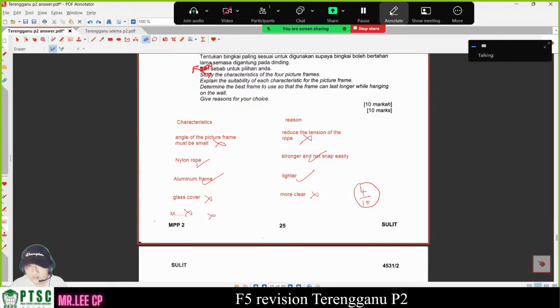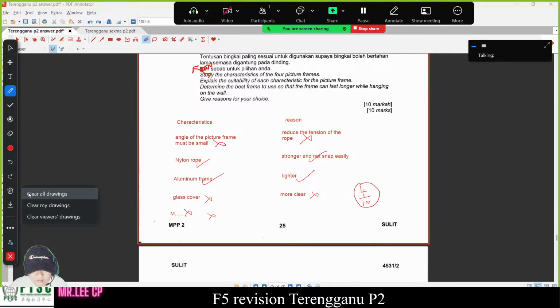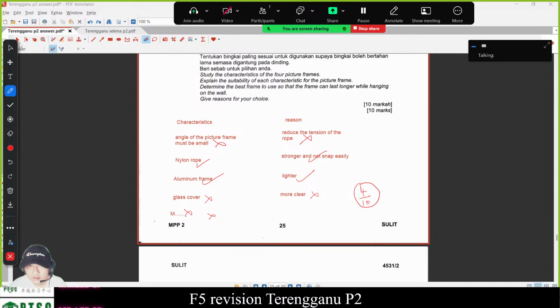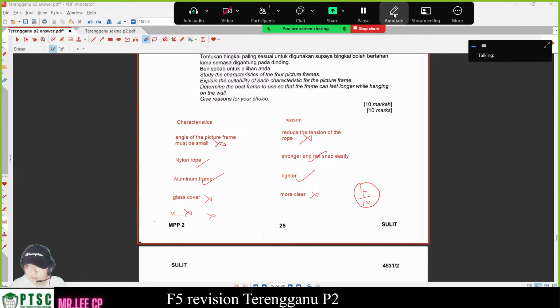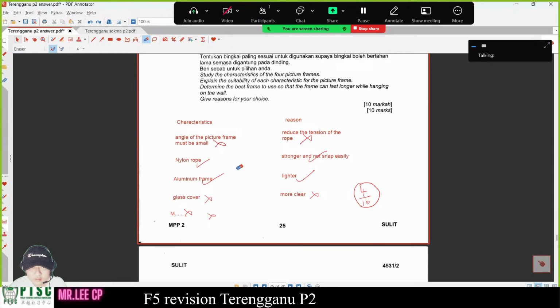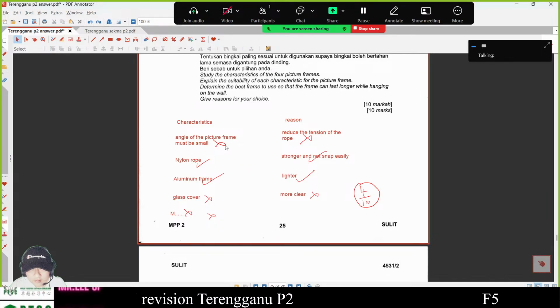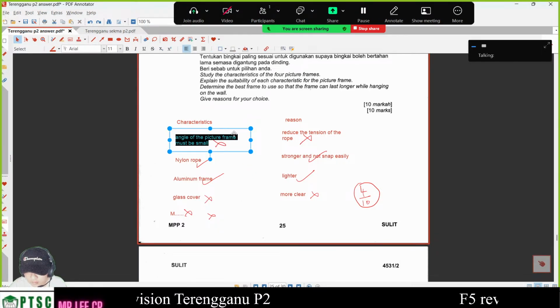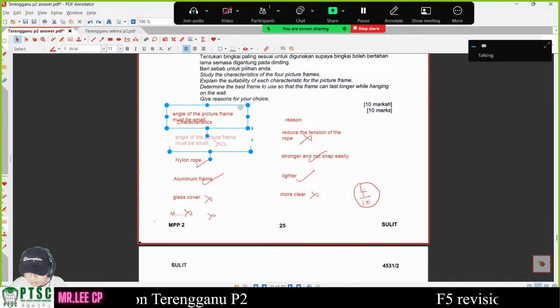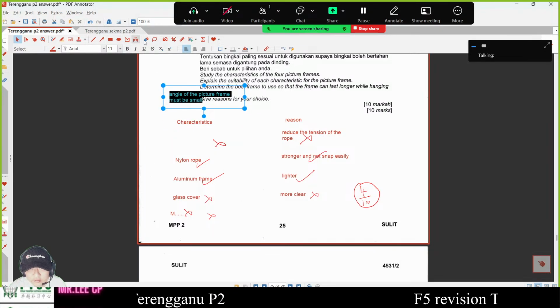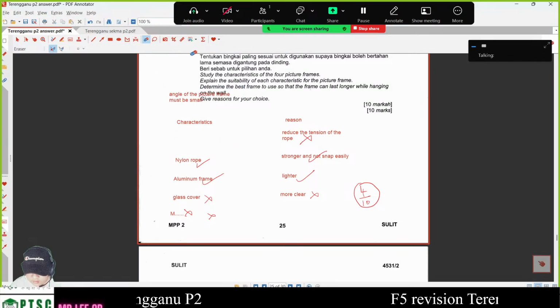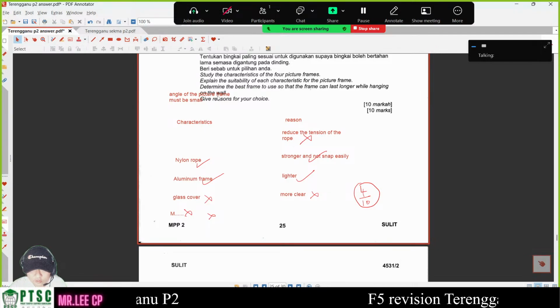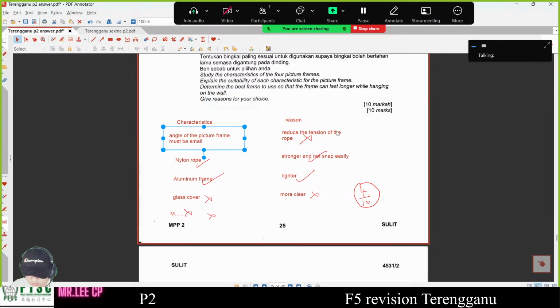No. Let me think of how to do it. Oh, I know already. Okay, I bring this one away then. But a lot of work lah. I need to do a lot of things.